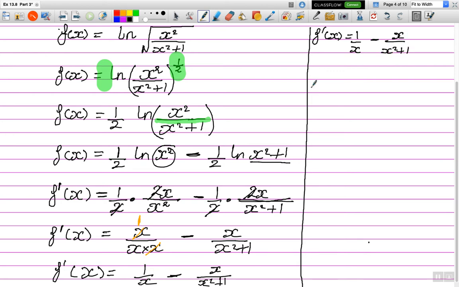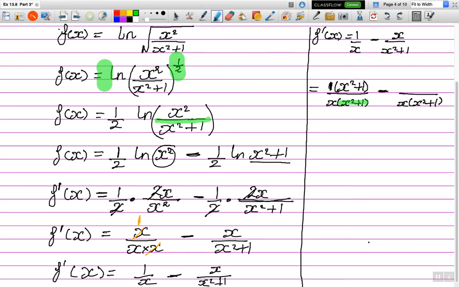When you're adding fractions, to get a common denominator, you multiply the bottoms together. That's x on x squared plus 1. What have you multiplied the first fraction's bottom by? You've multiplied it by x, which means we now have to multiply the top by the same thing. So the top is now going to be multiplied by x squared plus 1.